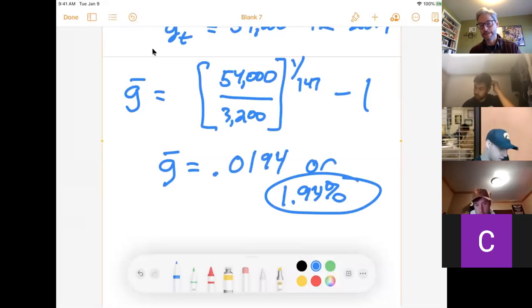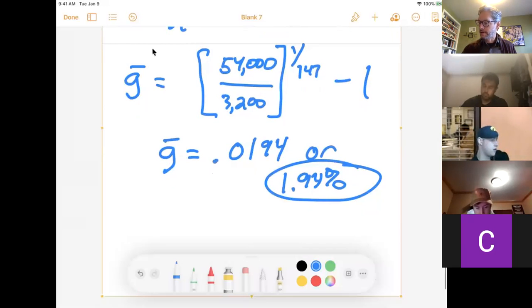In other words, a little bit less than 2%, which is what I've been saying, right? That's where that number comes from. So this is how you calculate the implied constant growth rate.